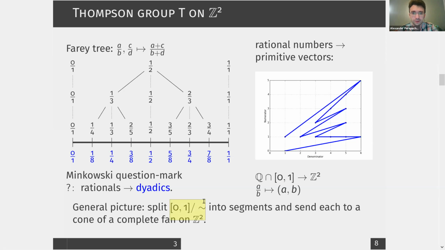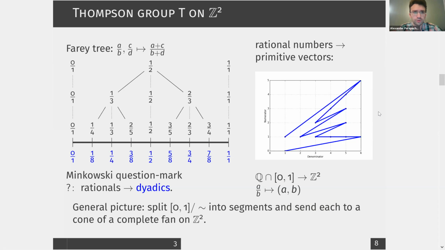We split the unit circle into dyadic segments, like from 0 to 1/2 or from 1/2 to 3/4, and send each segment to some cone of a complete fan that covers the whole Z2. In this way, we obtain a correspondence between dyadic numbers and primitive vectors.